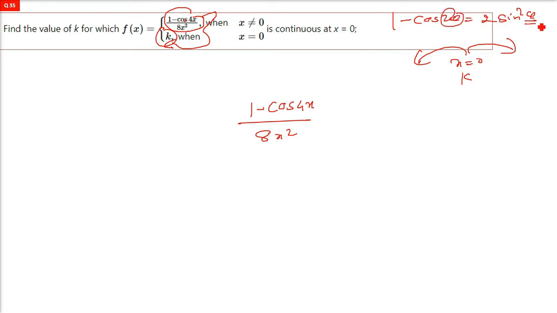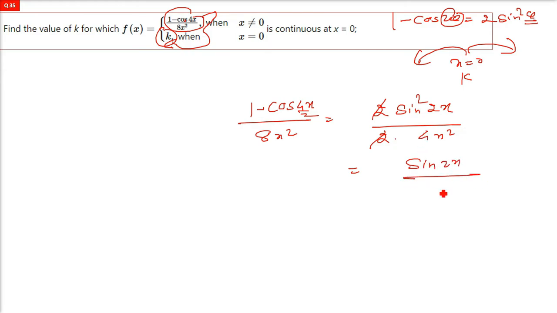So whatever is there with cos, divide by 2. So you have 2 sin square, 4x by 2 is 2x. Then this is 8x square, so you can write it as 2 into 4x square. Now 2 you can cancel, and this is (sin 2x divided by 2x) whole squared.